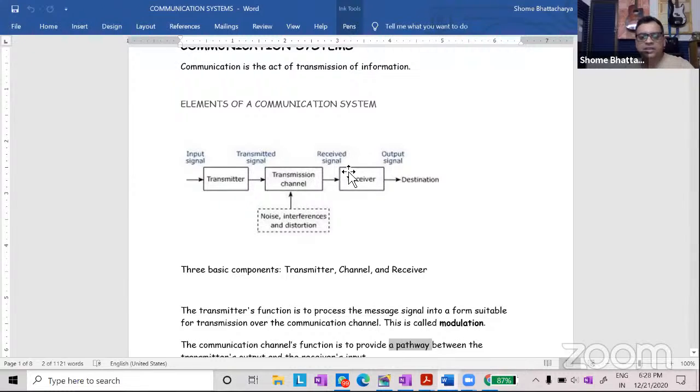But if you think of this like a radio communication system, the transmitter would be the input stage at the radio station. If there's a live program happening, right from the microphones, the input goes into the pre-amplifier, then all the audio processing happens, then it goes into the power amplifier, and that amplified electrical signal is fed into the radio transmitter, which mixes that signal.